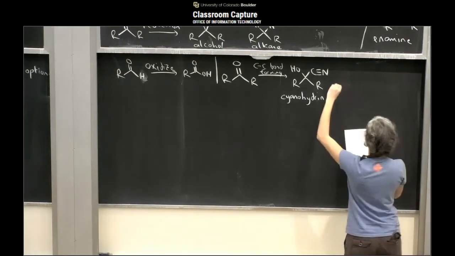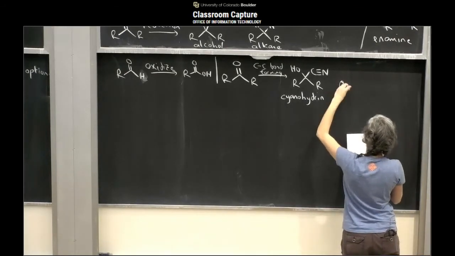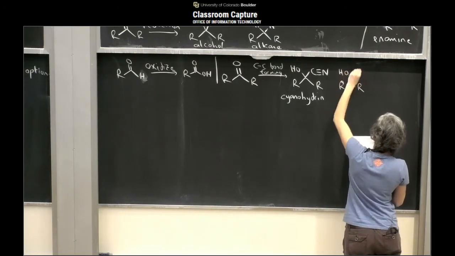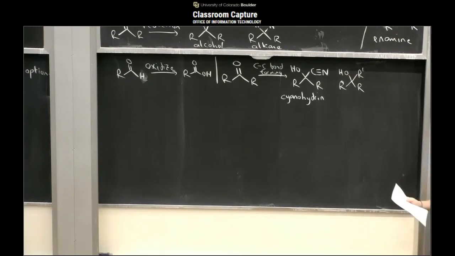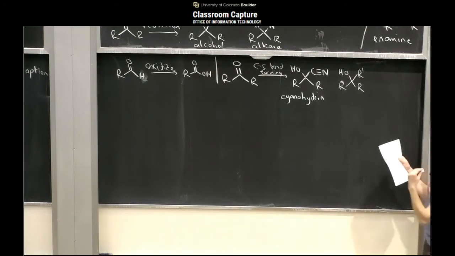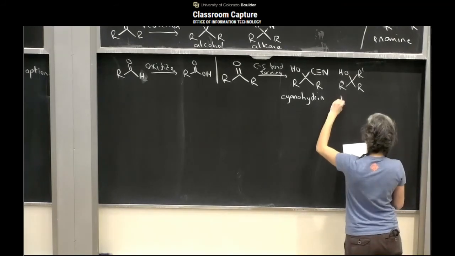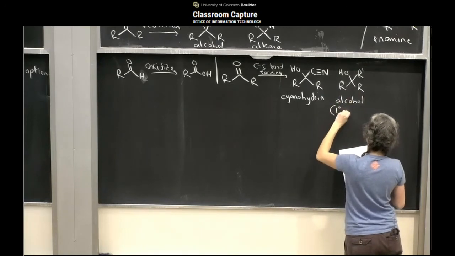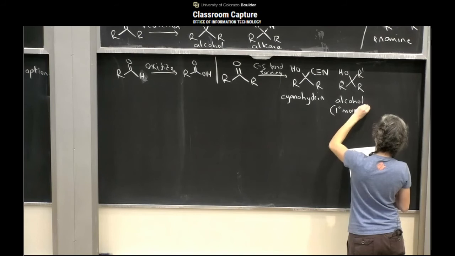We're going to cover probably the most useful one from this chapter, which is just straight up add a brand new R group onto that carbon. And this is, again, making an alcohol, but one degree more substituted than before.